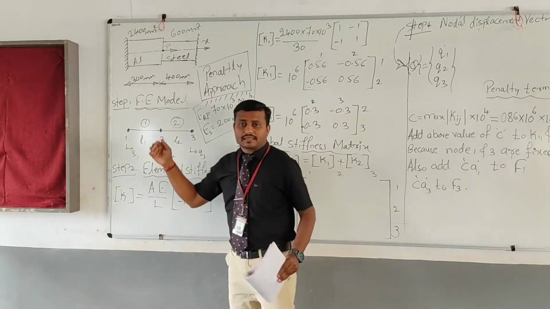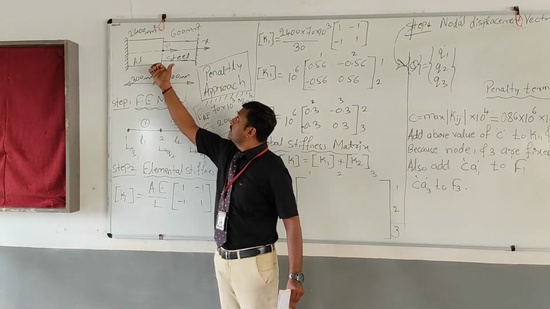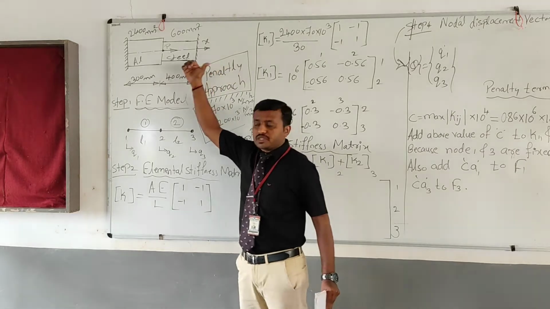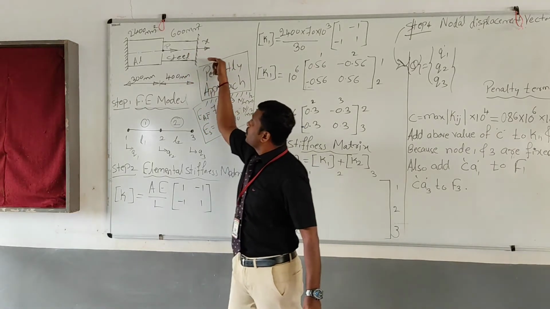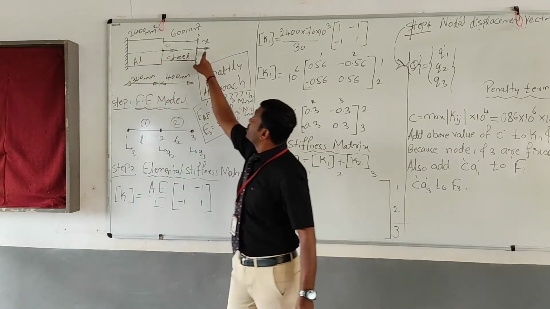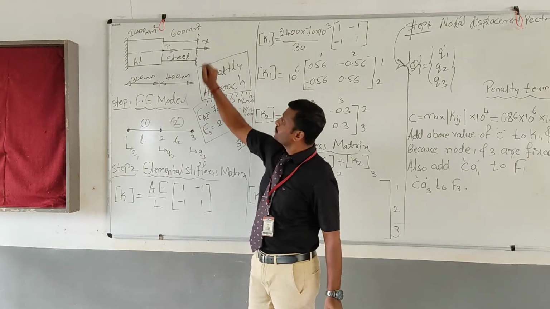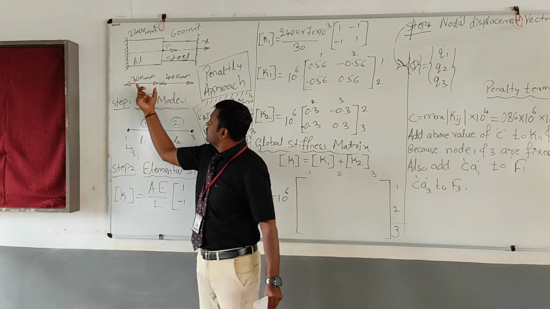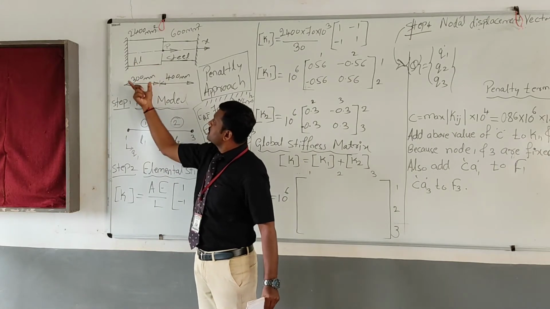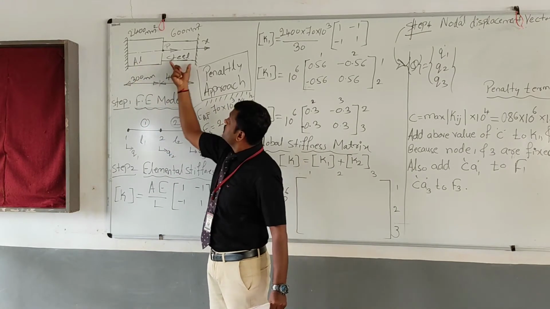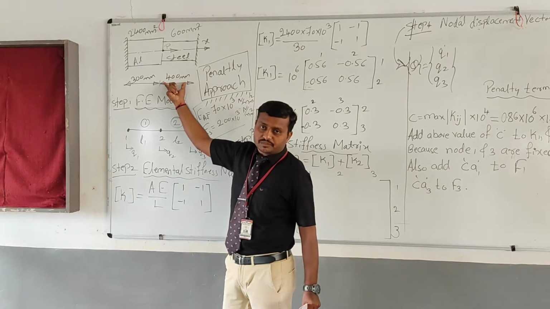Any forces acting towards the right side are positive. If the force is acting towards the left side, which is opposite to the given direction, then you have to take it as a negative value. And the length of the elements is also given. For aluminum it is 300 mm, for steel it is 400 mm.